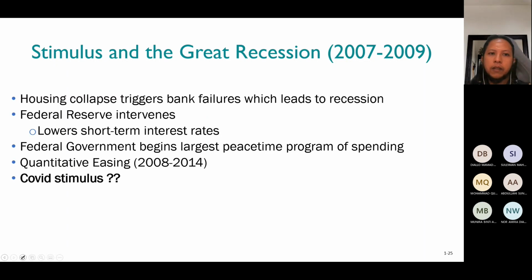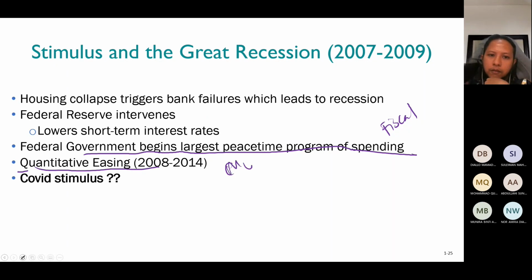I think we have already covered this in terms of the recession. What happened was that there was a housing collapse and banking failure, and then the government had fiscal and monetary policy. We will cover this next week. So government spending was the fiscal policy, and quantitative easing was the monetary policy.